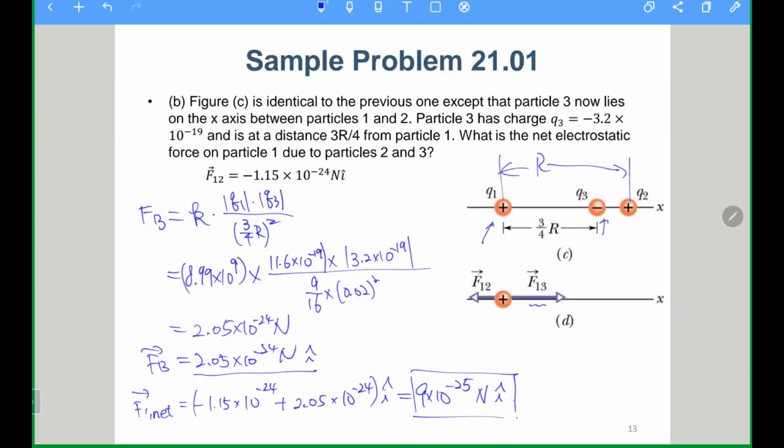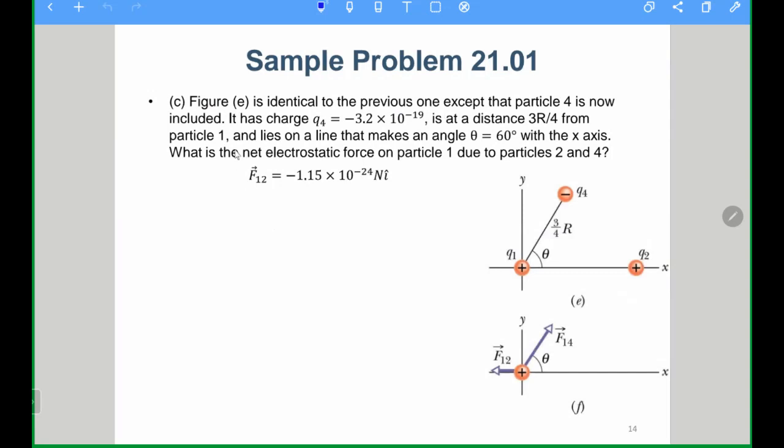Okay, and next, part C. It says figure E is identical to the previous one, except particle 4 is now included and has charge Q4. So we still have Q1, Q2 separated by capital R. And then rather than placing Q3 on the x-axis, we only place Q4 with an angle theta to the x-axis, and the distance is still 3/4 of R. So it lies on a line that makes an angle theta equals 60 degrees with the x-axis.